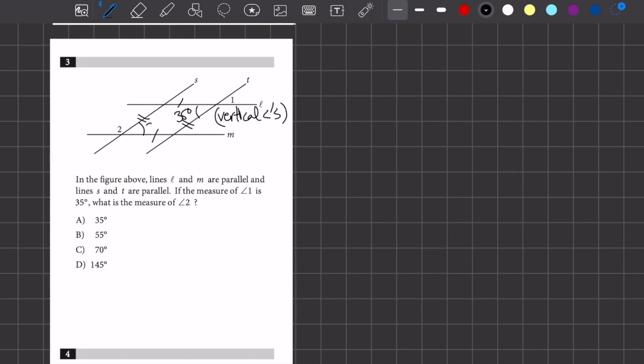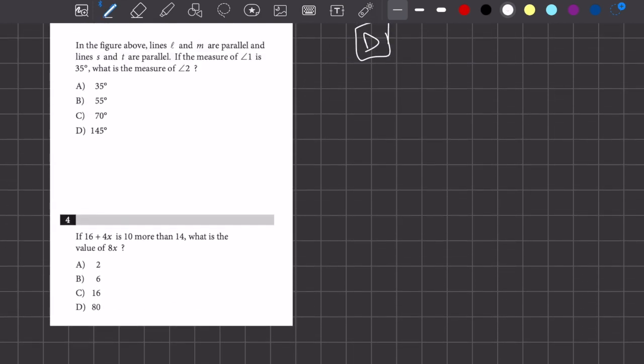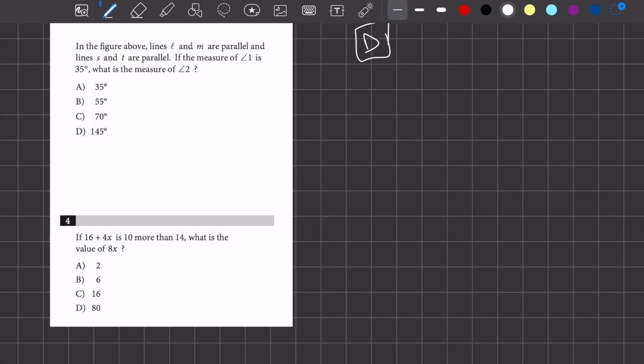This means that this angle is 35 degrees as well. Now, angles on a straight line equal 180, which means 35 plus angle 2 equals 180, giving us 145 as the measure for angle 2, option D. There are many other ways to solve this question. You can use whichever you prefer.